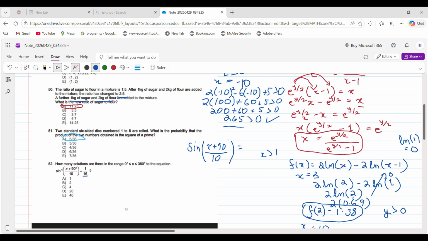Taking the fourth root of it, 2 into 2 into 2 into 2, so 2 power 4 is 16, right? So 1 by 2, and of course plus minus. If I take the fourth power of 1 by 2, my answer would again be 1 by 16. So I can enclose then 1 by 16 like this, plus minus 1 by 2.